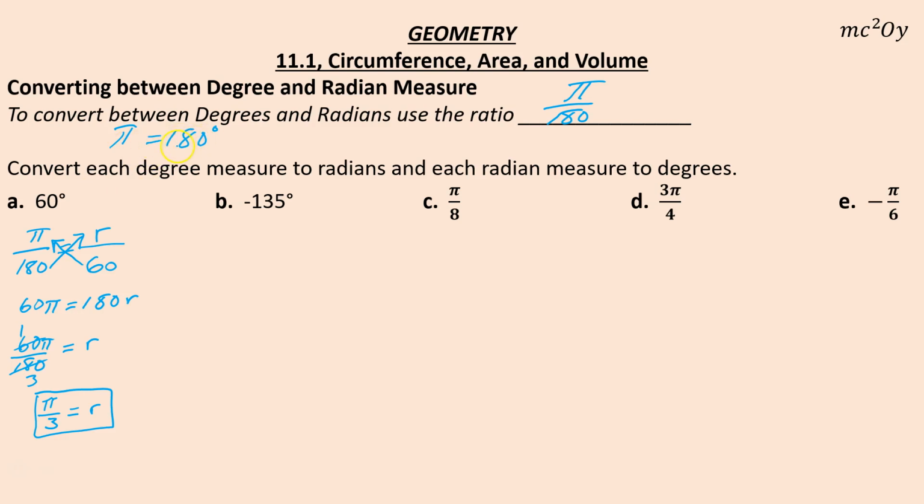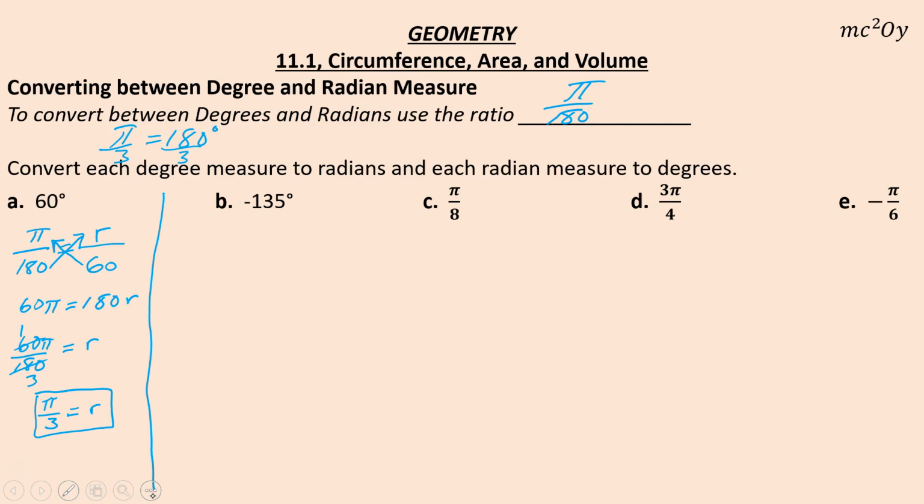So if 60 is a third of 180, like if we divided this by 3 to get 60, we'd have to divide this by 3 to get pi over 3. That would be the same thing. That's what we're doing here. But we just did it in a way that we can show, or a way we can do all of these. Okay, but as you move through this into Algebra 2 and trigonometry and calculus, you'll start doing things more intuitively in your head.